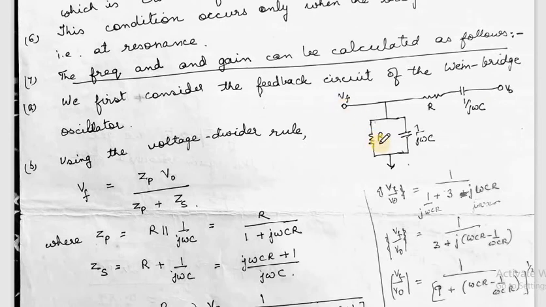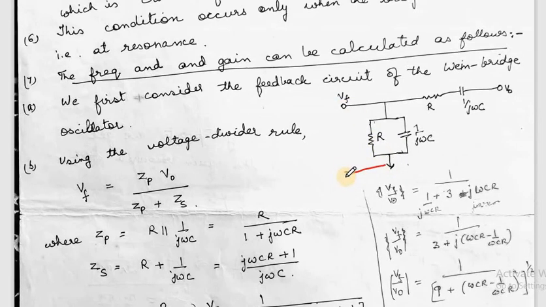Vf is very easy to calculate. We can calculate it with the help of the voltage divider rule. Vf is the voltage across the parallel combination here, and V0 is the voltage across these two ends with respect to earth. By the voltage divider rule, Vf is always a part of V0 multiplied by the impedance of the circuit.